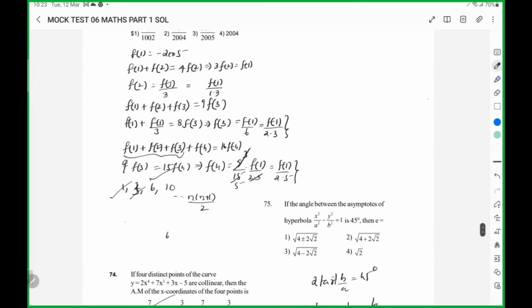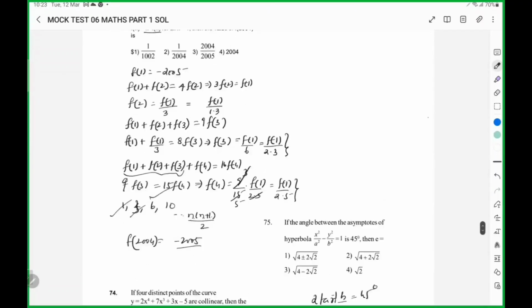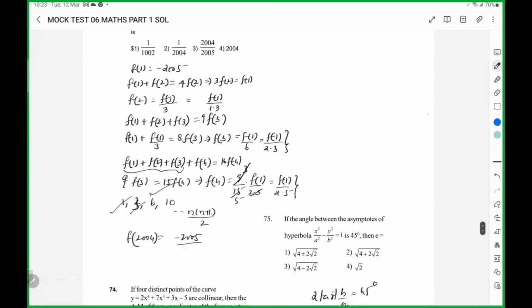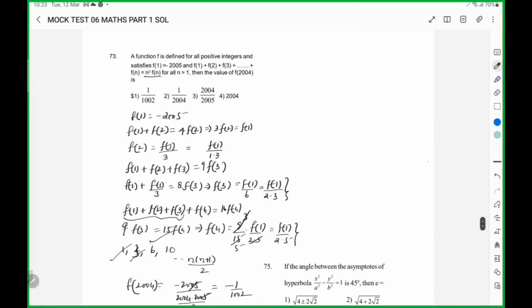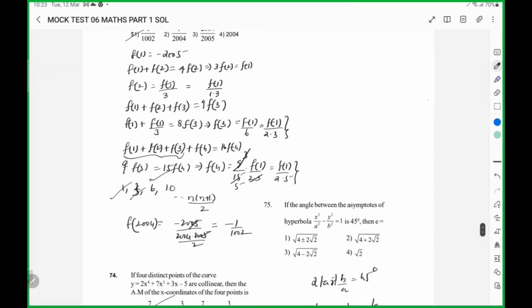So f of 2004 will be minus 2005 by n into n plus 1, 2004 into 2005 by 2 minus 1002. If it is plus, then it will be plus obviously.